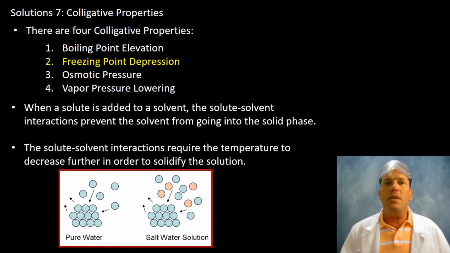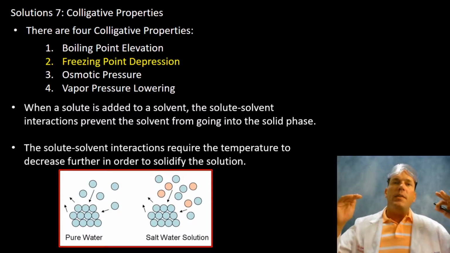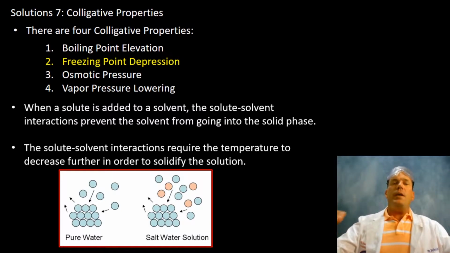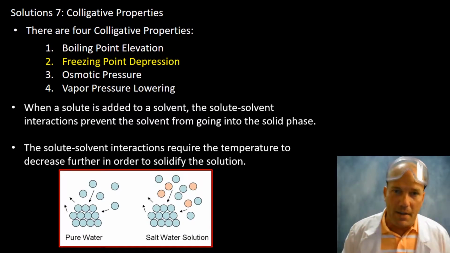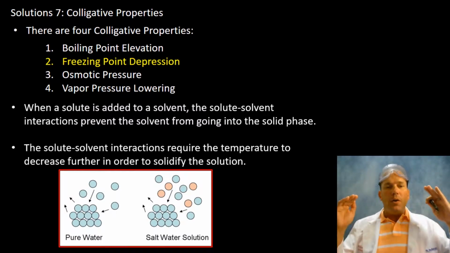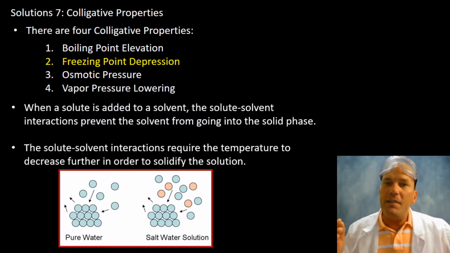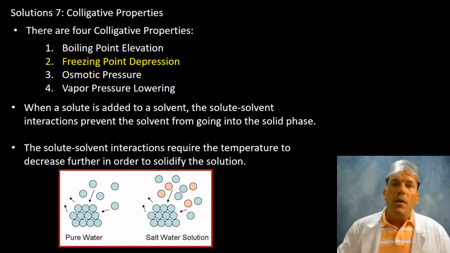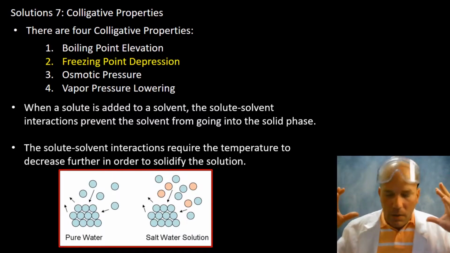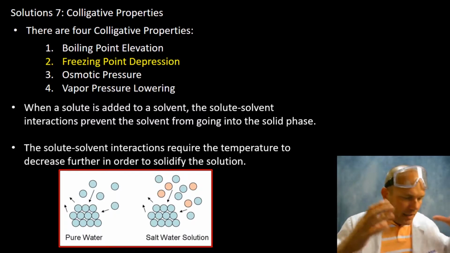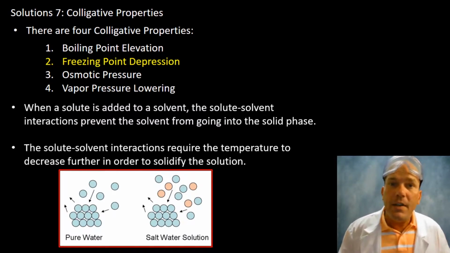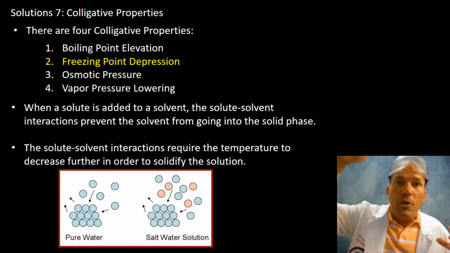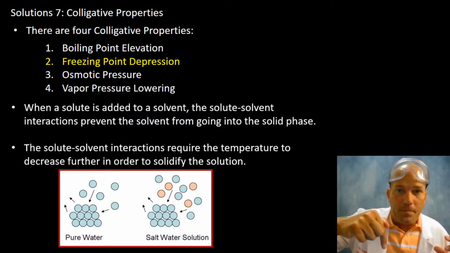Okay, in other words, it prevents the water from entering into the solid phase. As I said, it's all about these interactions that are occurring. So in order for the liquid water to become solid water and freeze, the temperature must go down.